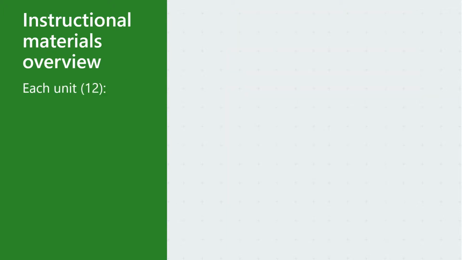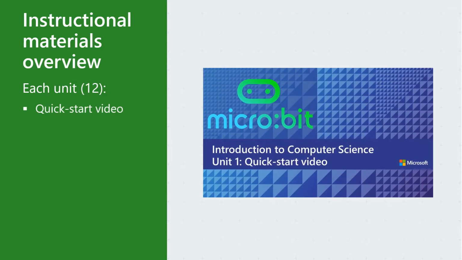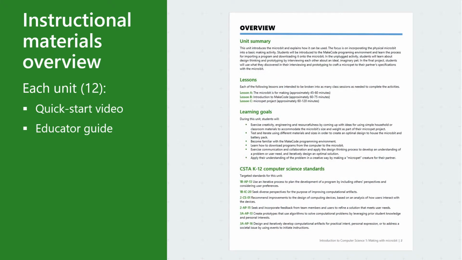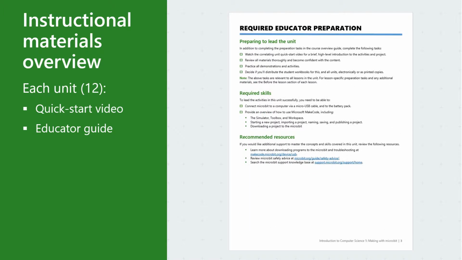Each unit has a short quick start video with a high-level introduction to the featured computer science concept, key preparation, and activities for that unit. An educator guide with an overview of the goals and standards addressed and any required unit-specific preparation and resources.